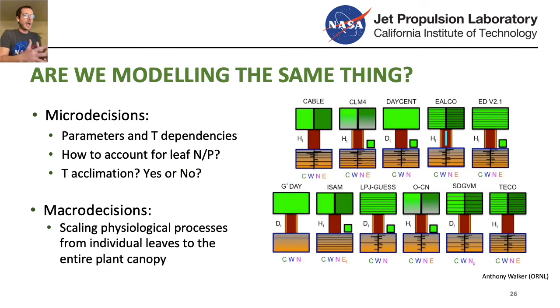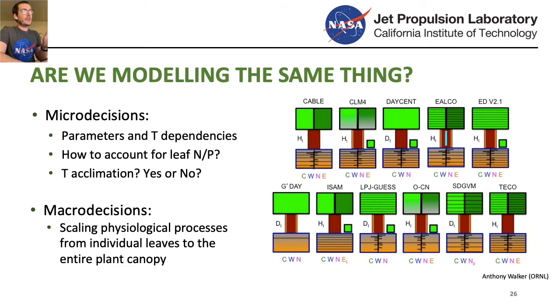First, we need to ask ourselves, are we modeling the same thing? So I like this picture from Anthony Walker because it shows the canopy representation of different land surface models. So if you see two colors, it means that this specific model separates sunlit and shaded leaves.